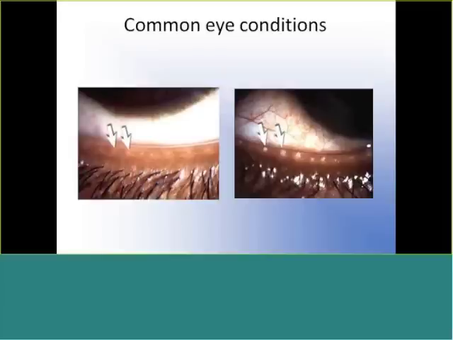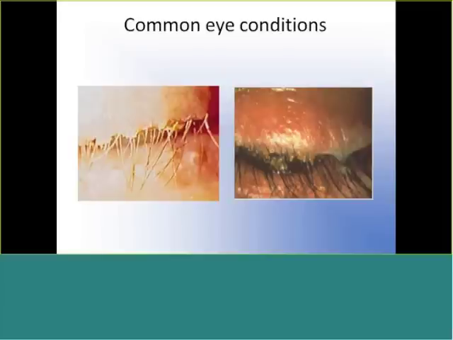And so when we talk about dry eyes, actually it's not dry, it's just that the tear film is of poor quality. Dry eyes due to Sjogren's syndrome is actually quite rare for us to see.